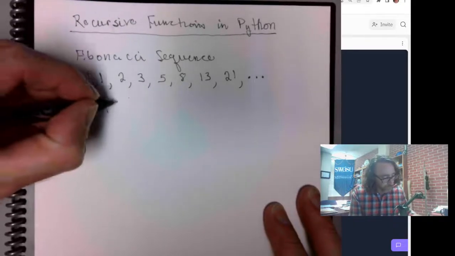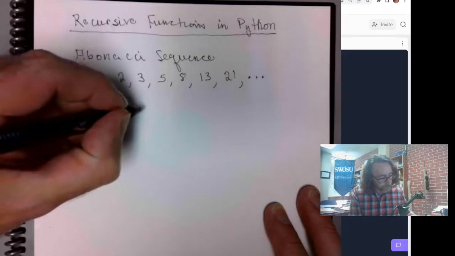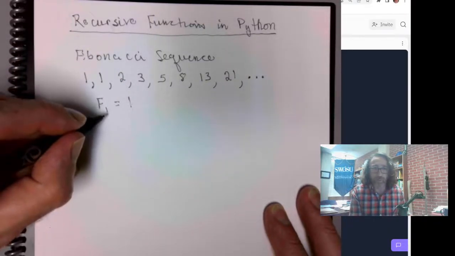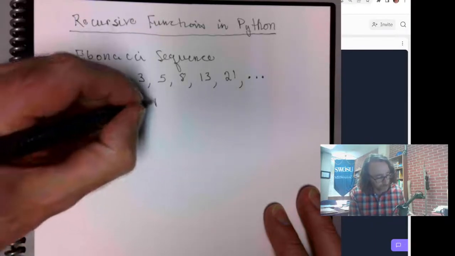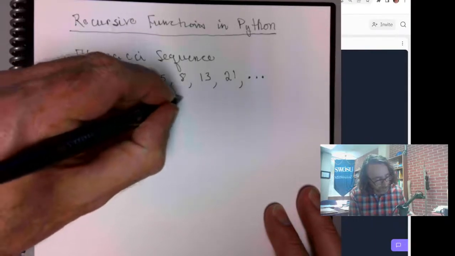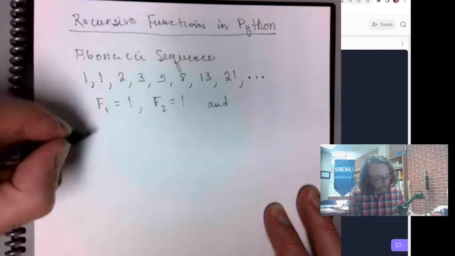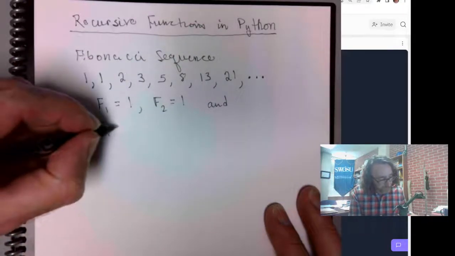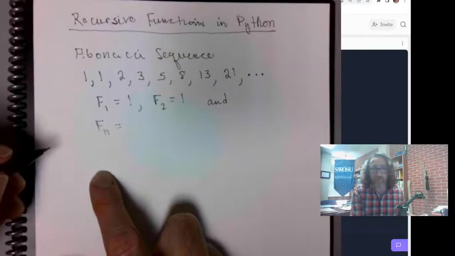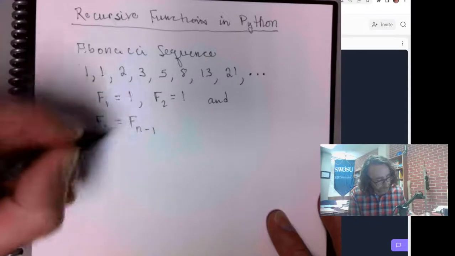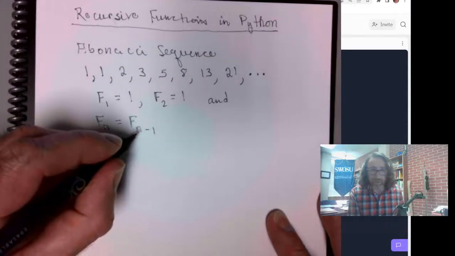If we write down a little subscript notation for the sequence, let's use F for Fibonacci sequence. F1 is the first term, so F1 is 1, F2 is also 1, and Fn, in general, the nth term in the Fibonacci sequence, is found by taking F sub n minus 1 plus F sub n minus 2.